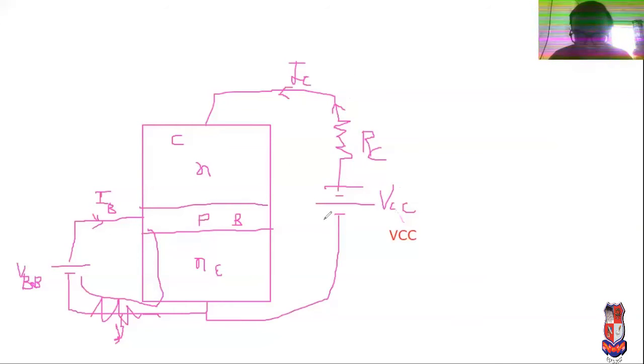Remember that point. Whatever electrons are transferred, see this, this is the electron that is transferred through the base via the emitter. Why? Because the emitter is common.